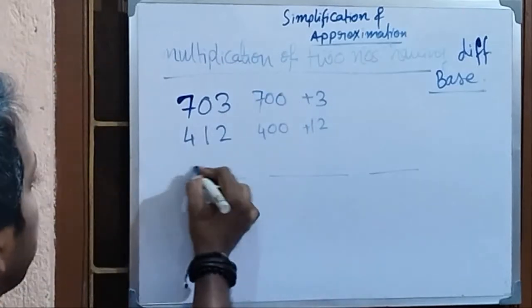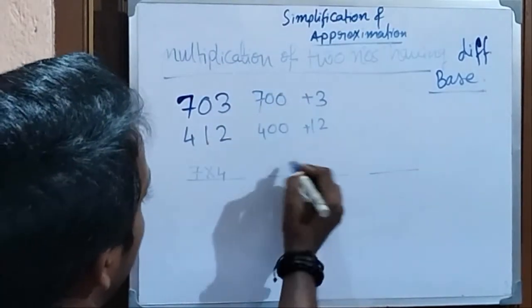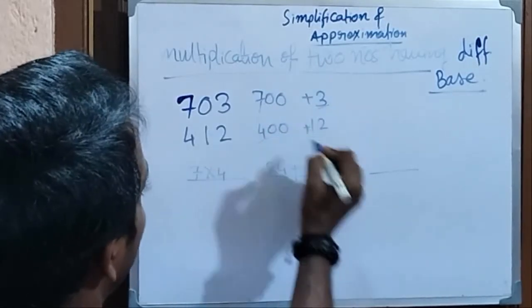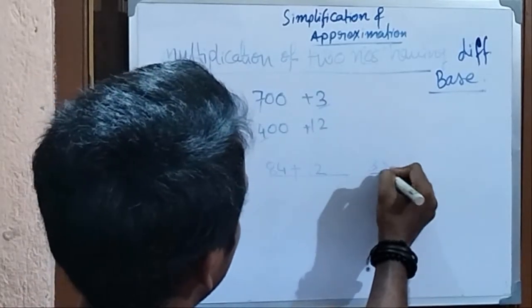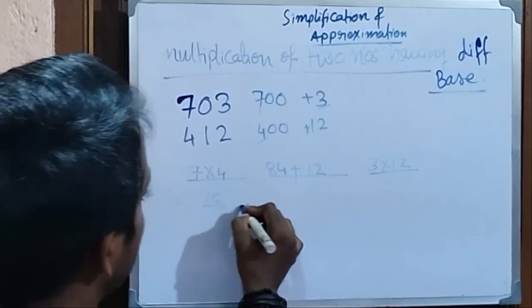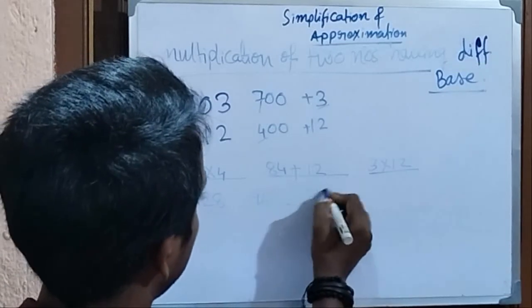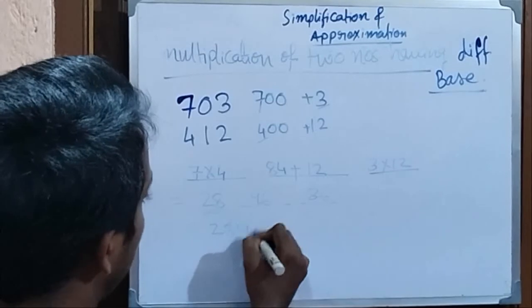So first part 7 into 4, second part 7 into 12, 84, plus 3 into 4, 12, and multiplication of this extra part 3 into 12. So here 28, second part 96, third part 36. So our final answer 2896.